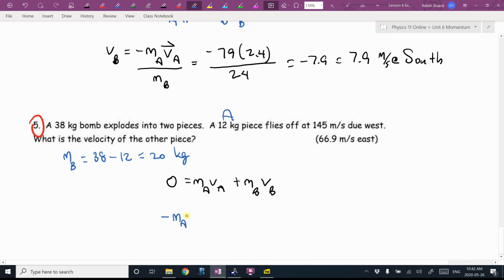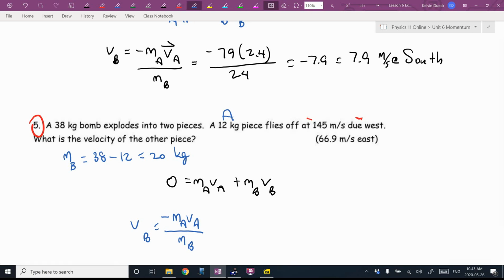Negative mass A, VA, divided by mass B, that equals the velocity of B. Now, if I call west negative, if I get a negative answer, that'll be west. If I get a positive answer, that'll be east. So I'll call this negative.